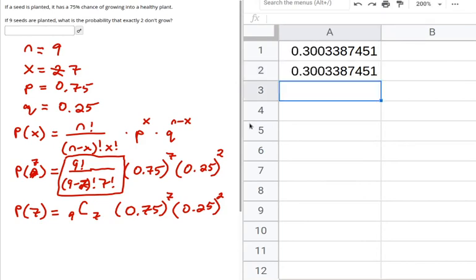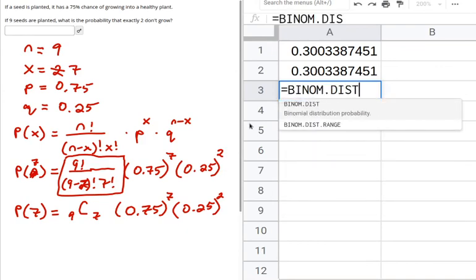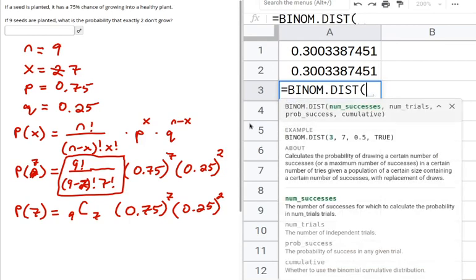Now as a third way, there is a formula in here that will do the entire binomial distribution for you. It is binom.dist. And it will ask you for the number of successes, we want 7, the number of trials, we have 9, the probability of success, 0.75, and notice it's not asking us for the probability of failure because it can calculate that if it knows the probability of success.